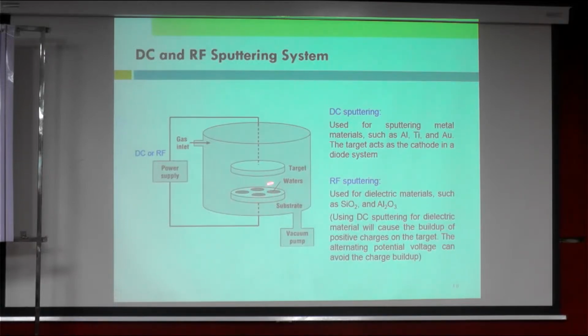So you have the substrate wafer, and you have the target here. Normally you want to deposit the materials on this substrate, then you can change the target. RF sputtering is used for dielectric materials such as silicon dioxide and alumina. Using DC sputtering for dielectric material will cause a build-up of positive charge on the target. That's why we use RF sputtering.